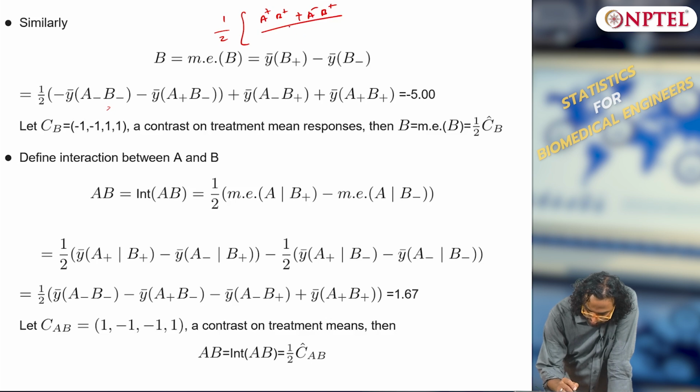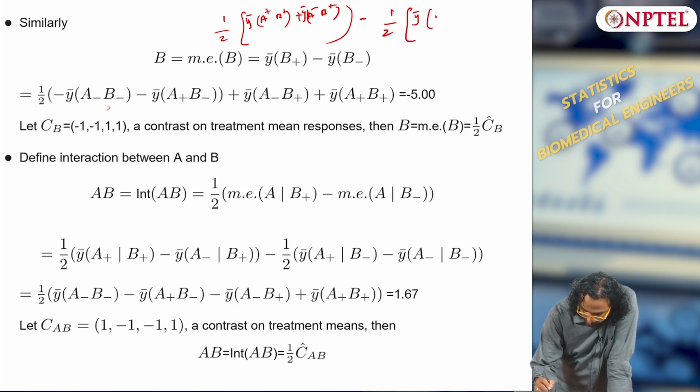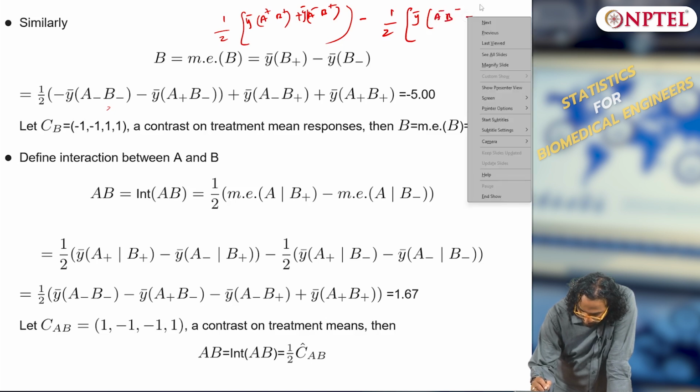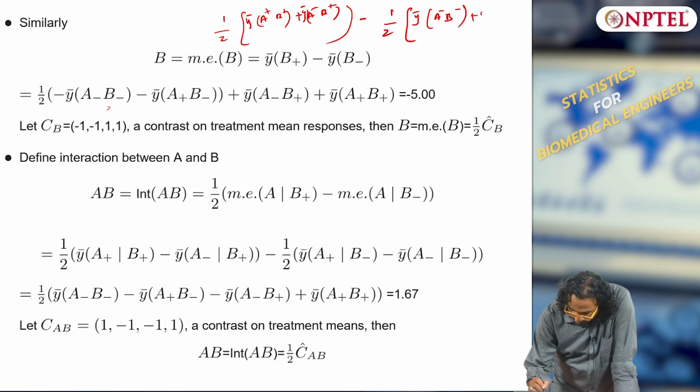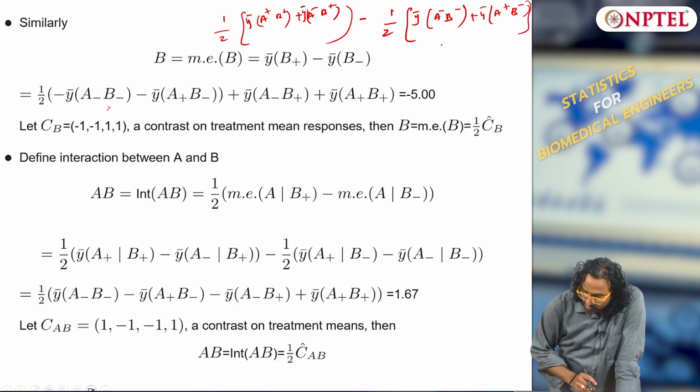With Y bar associated, it is half into Y bar of A plus B plus and Y bar of A minus B plus, minus Y bar of A minus B minus and Y bar of A plus B minus, okay, clear.